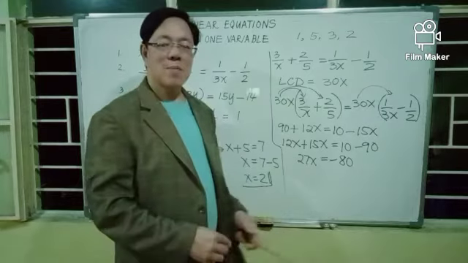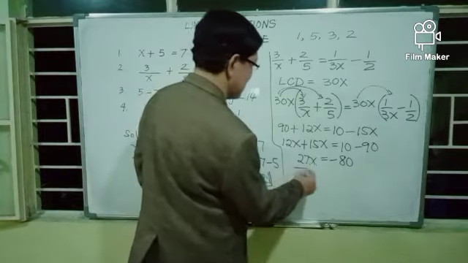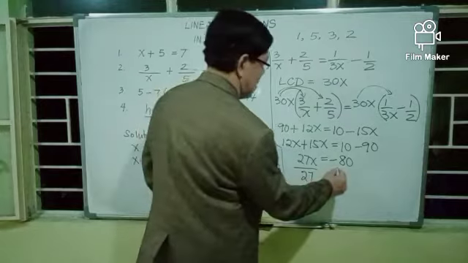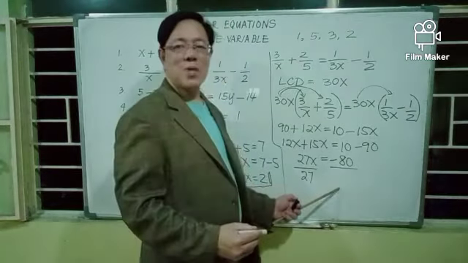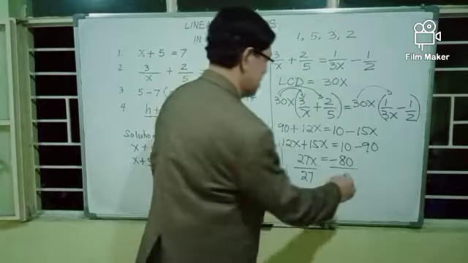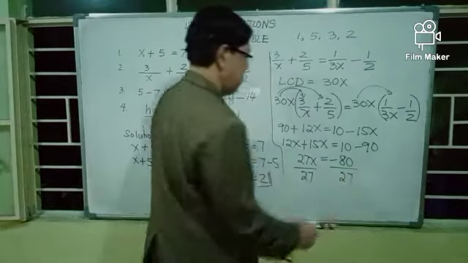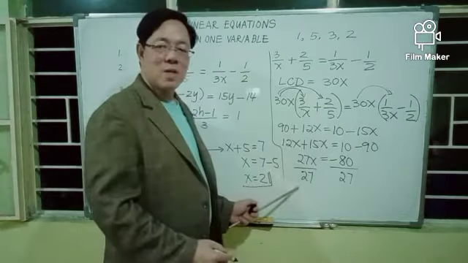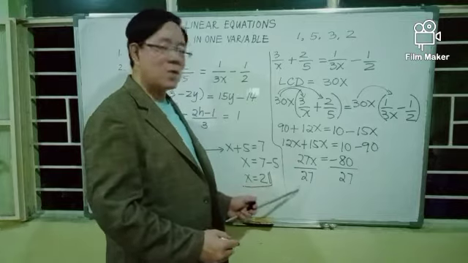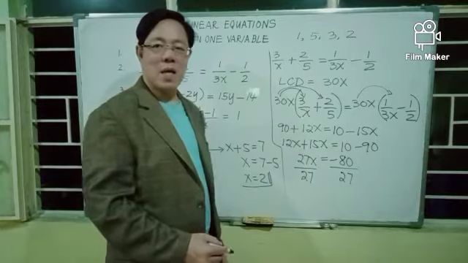The left-hand side, we divide by 27. And the right-hand side, we divide by 27. And 27 over 27 is 1, or 27 over 27 will cancel out from the left-hand side.